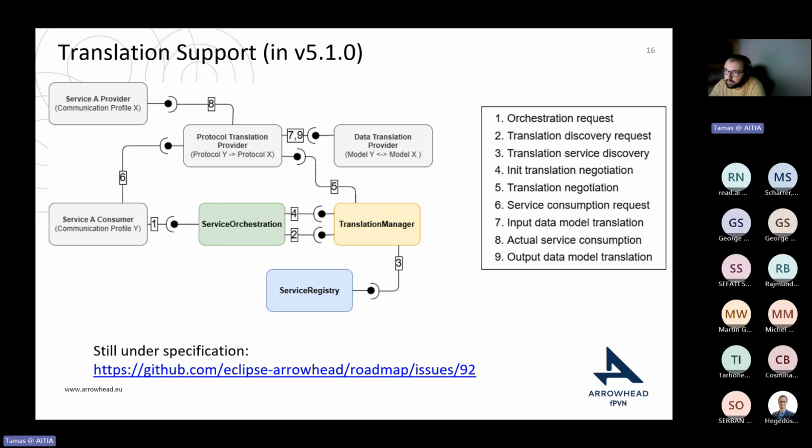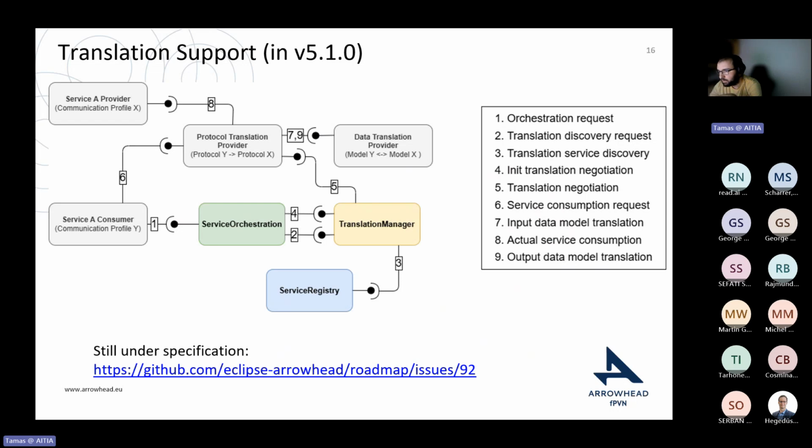And if the translation is allowed by the consumer, then it will ask the translation manager to discover whether this kind of service translation request can be fulfilled or not.